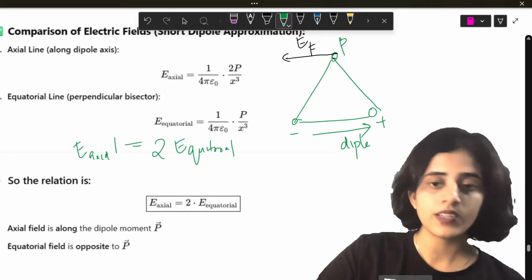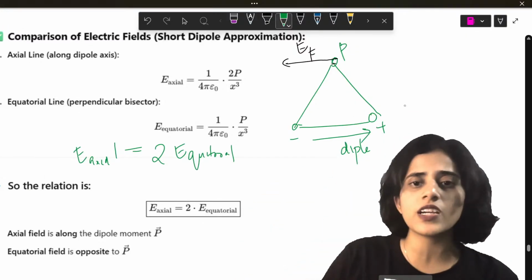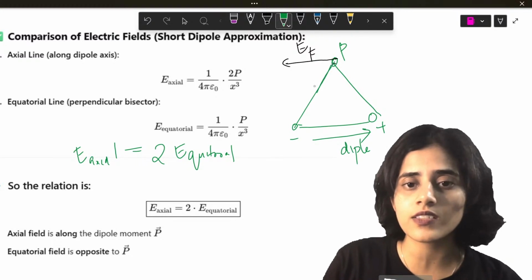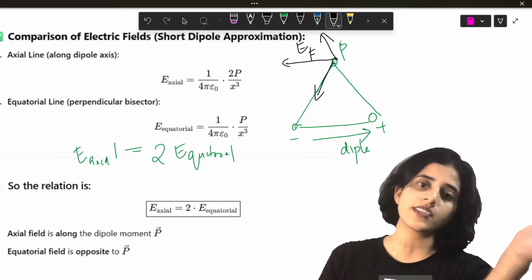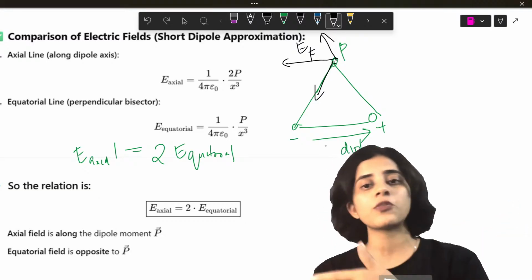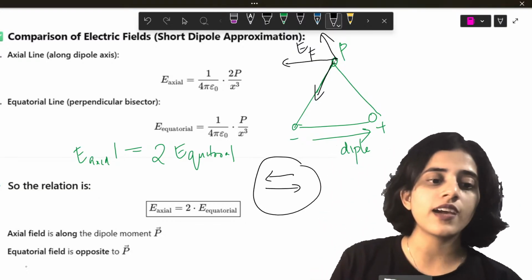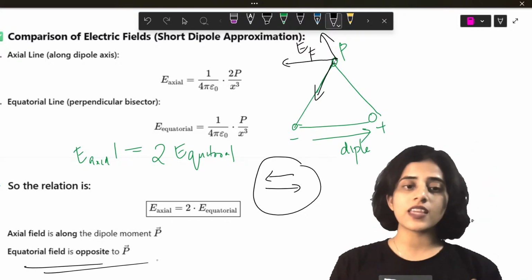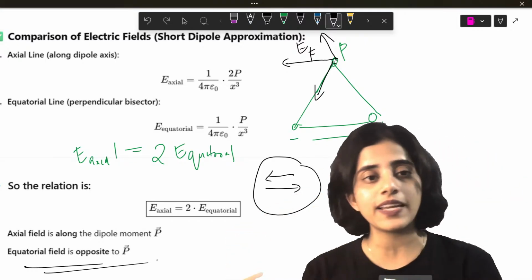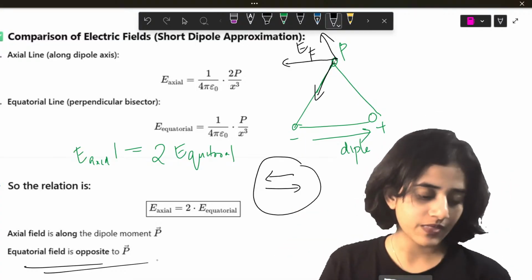Electric fields were, this is the direction of the negative, this is the direction of the positive, and the resultant is this way. But the dipole is always from negative to positive, so it's this way. So the electric field and the dipole are opposite. In the case of the axial, they were along the same direction. In the case of the equatorial, they are opposite in direction.